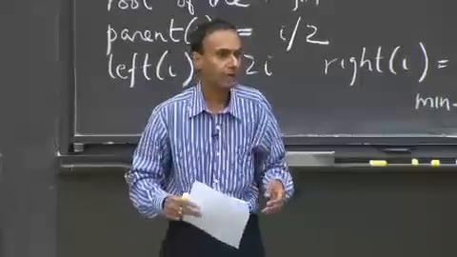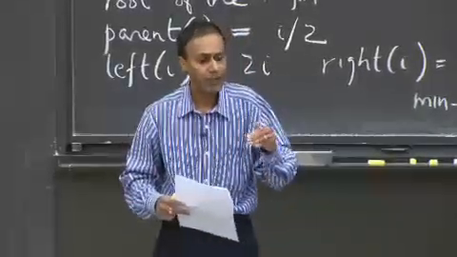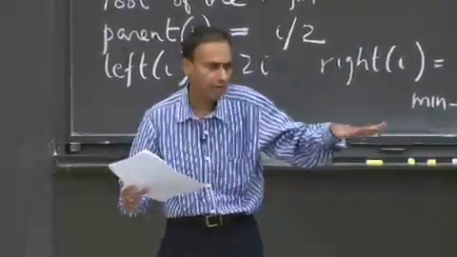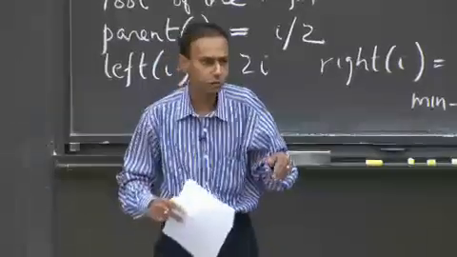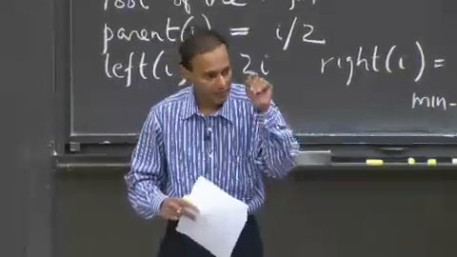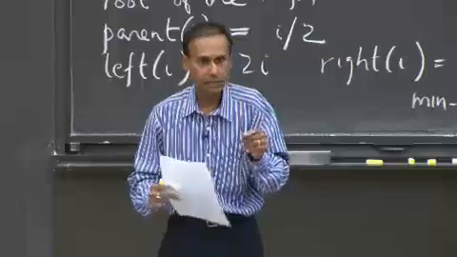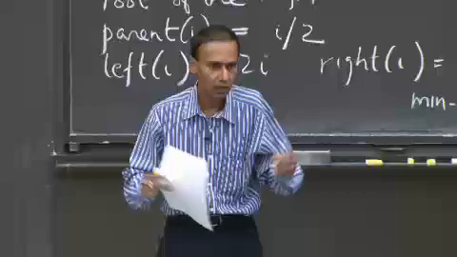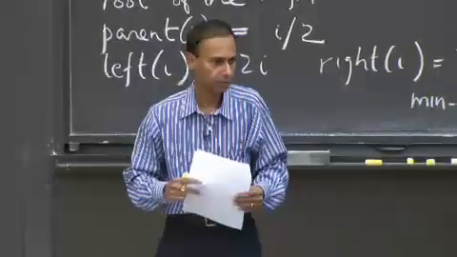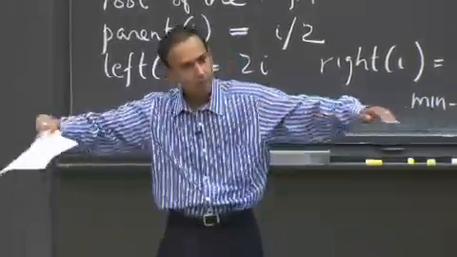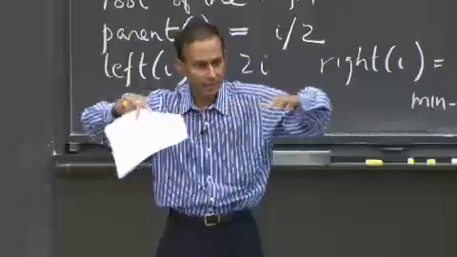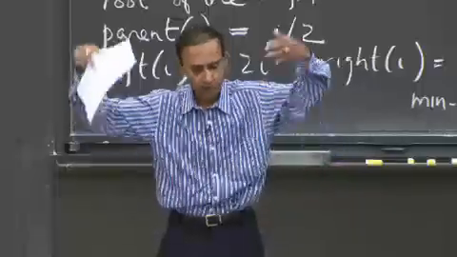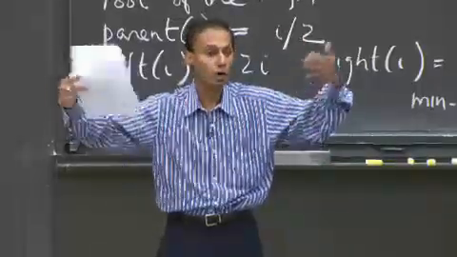The hand-wavy argument is that you're doing basically no work for the leaves, but you're not even counting that because you're starting with n over 2. But when you look at the n over 2 node, it's essentially one or two operations, however you count, to build max heap. For that first level of nodes above the leaves, it's exactly one operation. For the next level, you may be doing two operations.